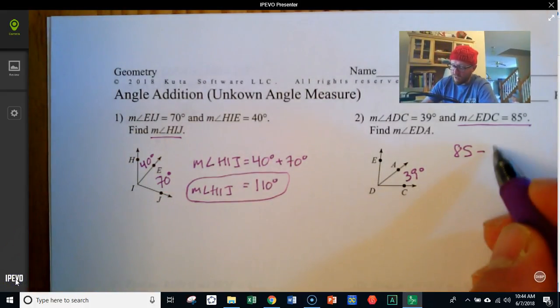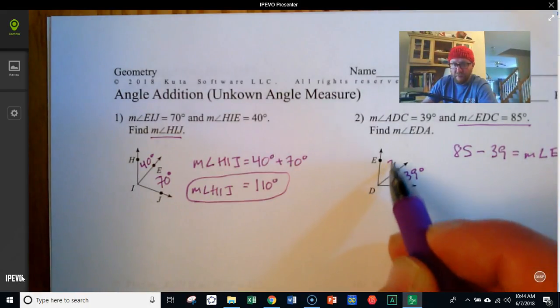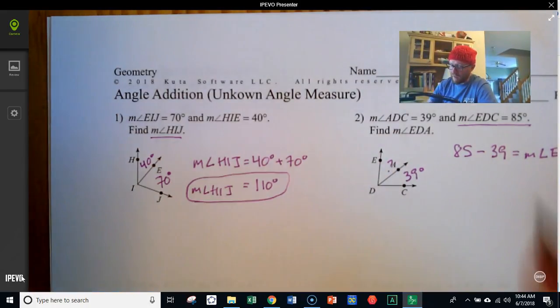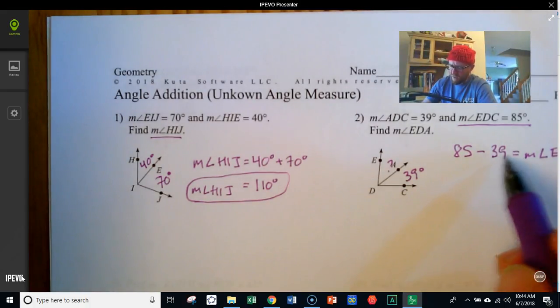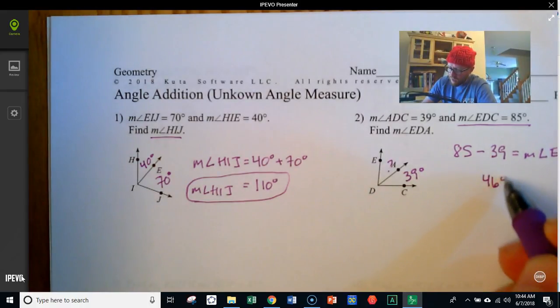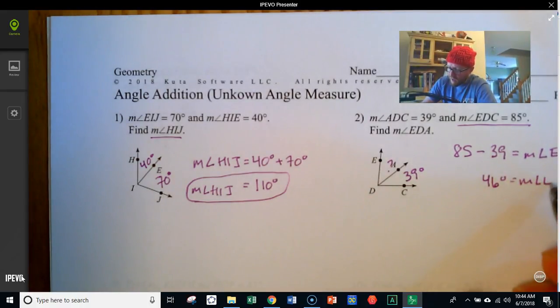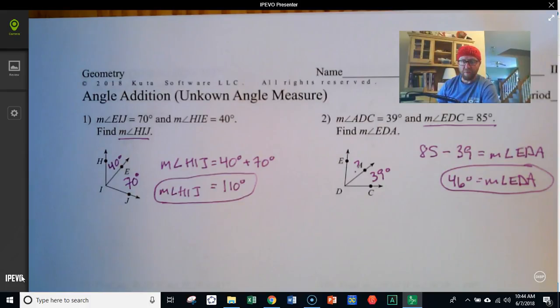We're going to take away the 39, and that's going to leave us with the measure of angle EDA. That's the unknown one right there. So see, 85 minus 39 is, 85 minus 40 would be 45, so 46 is the measure of angle EDA.